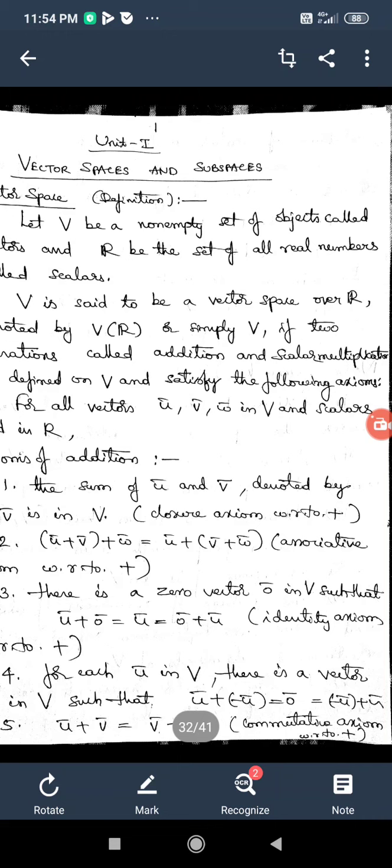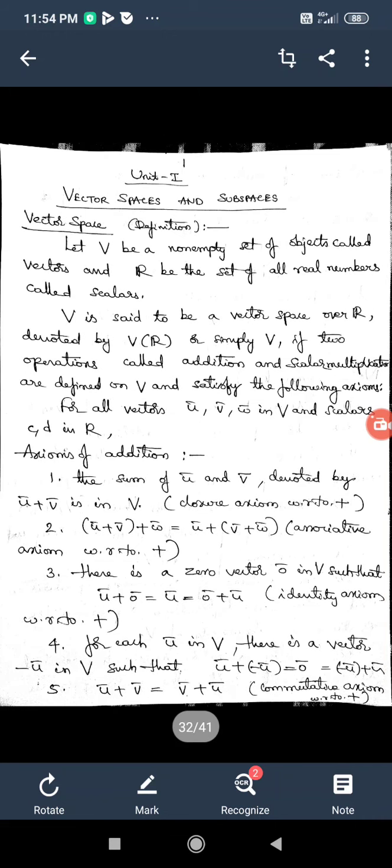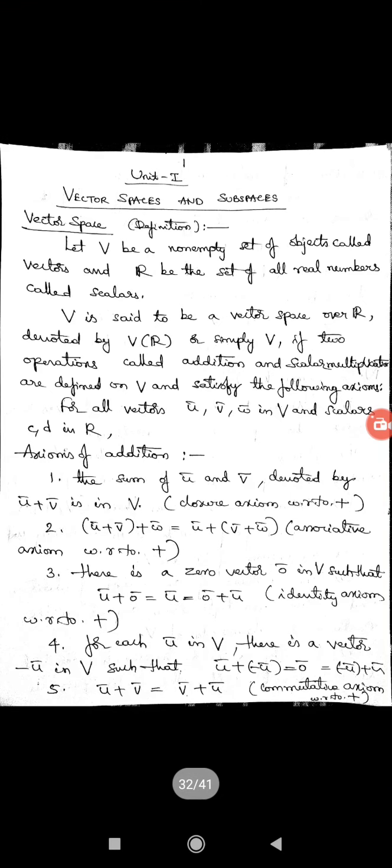That means minus u bar, which is also again a vector in capital V, is acting as the additive inverse for the vector u bar in V. This is called the inverse axiom with respect to addition. And the fifth property says that u bar plus v bar is equal to v bar plus u bar. This is called the commutative axiom with respect to addition.